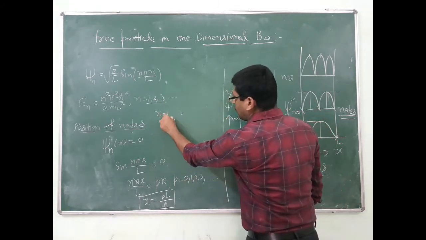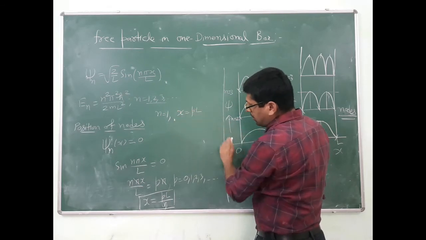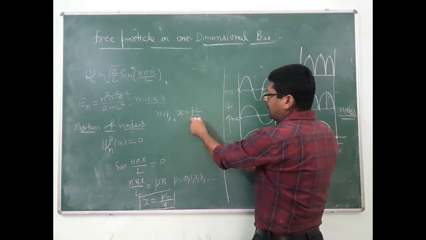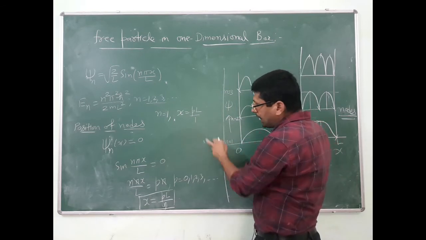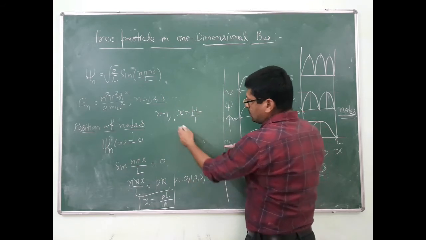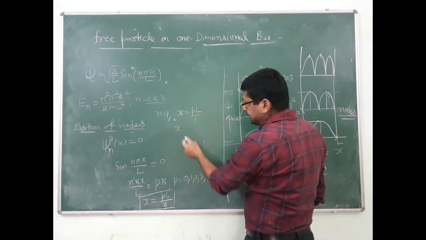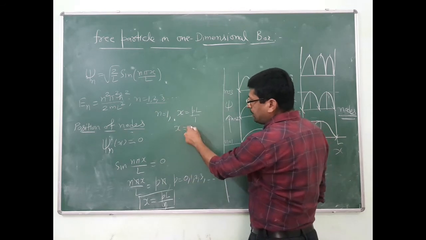For n is equal to 1, x will be pL by 1, that is this thing. And what is this p? p varies from 0, 1 to 3. If p is 0, then x will become 0.